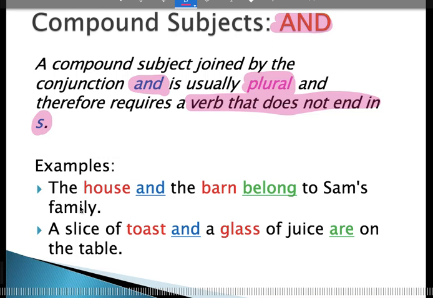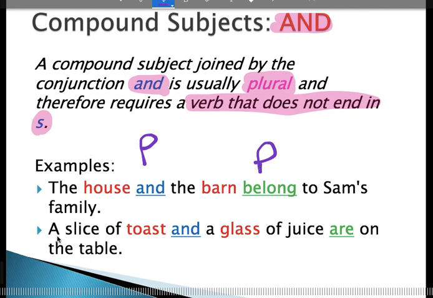For instance, the house and the barn belong to Sam's family. We're talking about 2 things, the house and the barn. We're not talking about one or the other, we're talking about both. So they're obviously plural, and we need the verb that does not have an S. We would say belong instead of belongs.